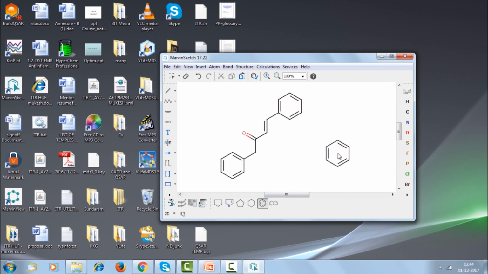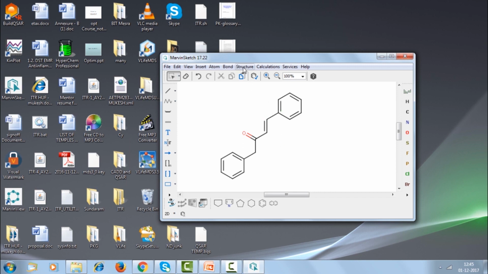So we have a benzene, and we have an alpha beta unsaturated ketone. This is called chalcones. Chalcones are molecules which have good antioxidant property, antibacterial property, and so on.